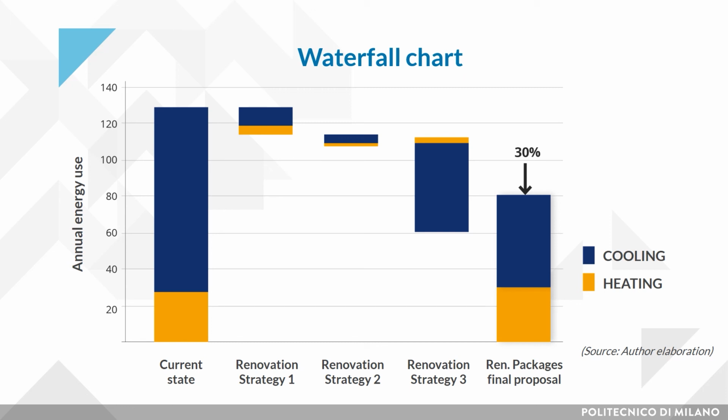When you perform a simulation, you usually have a huge amount of results, but as stated at the beginning of this lecture, the model must be developed for a particular set of objectives, and only the parameters important to those objectives must be presented. In this case, for example, I've chosen to show only the heating and cooling results.